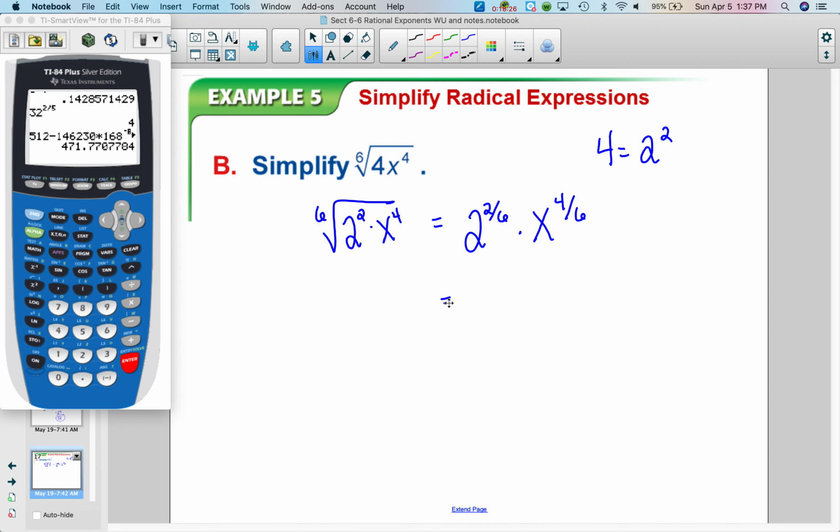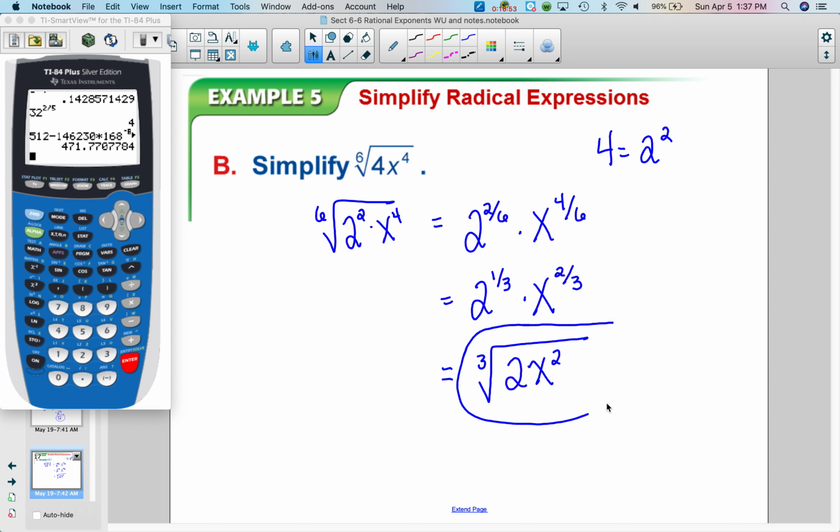Reduce the powers, so reduce the fractions, and we get 2 to the 1/3 times x to the 2/3. And I would be okay with you leaving your answer like that. But if you wanted to put it back into radical form, notice they both have a root of 3, which means I can put them under the same radical. I have 2 to the 1st power, which is just 2, and I have x to the 2nd power. So this would be my answer.